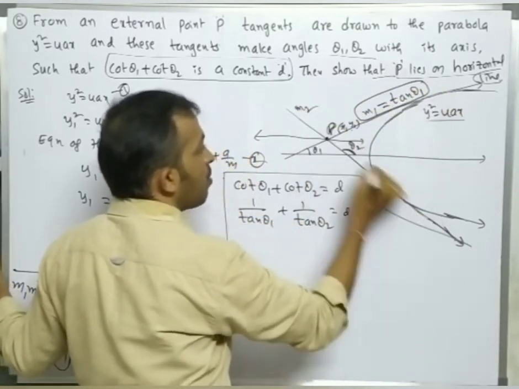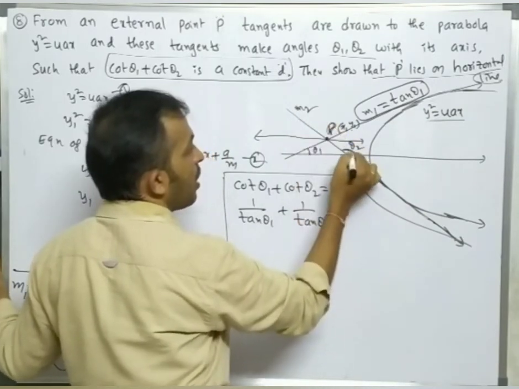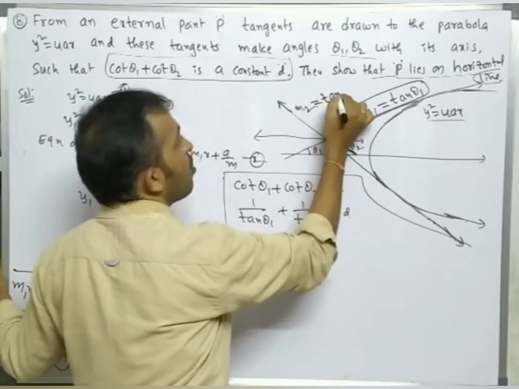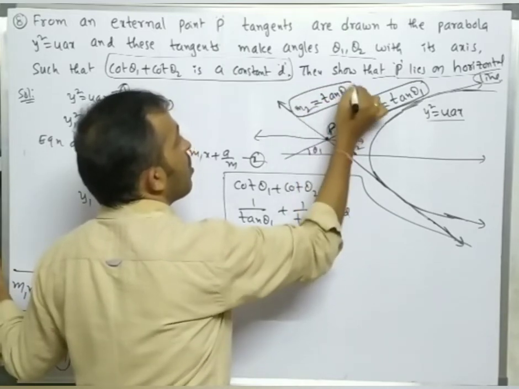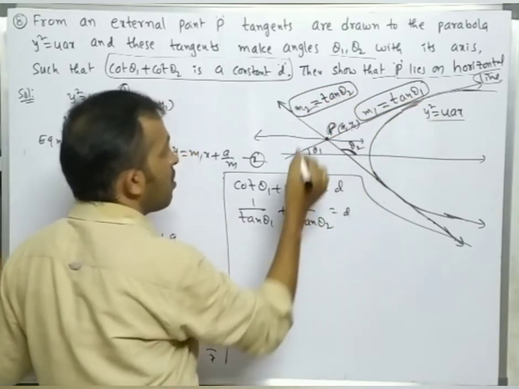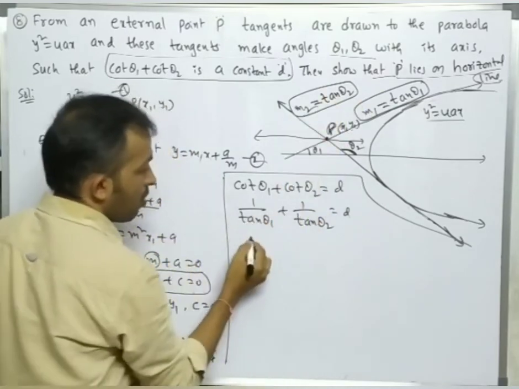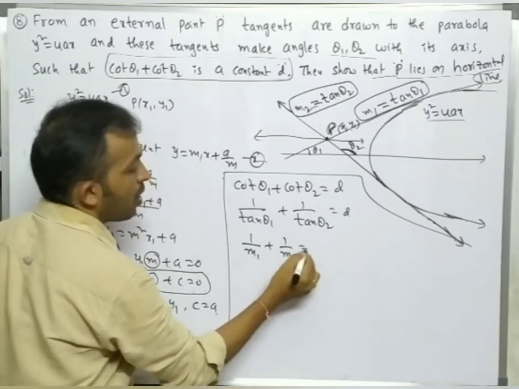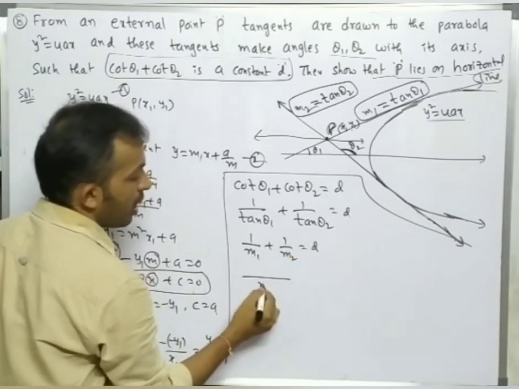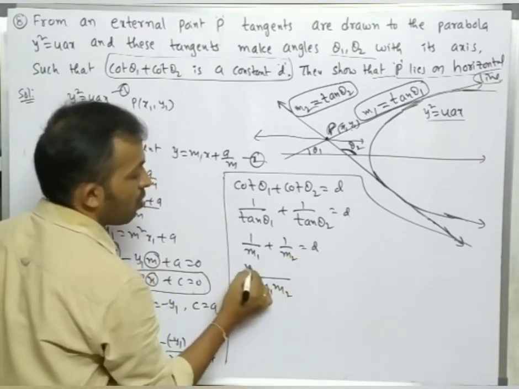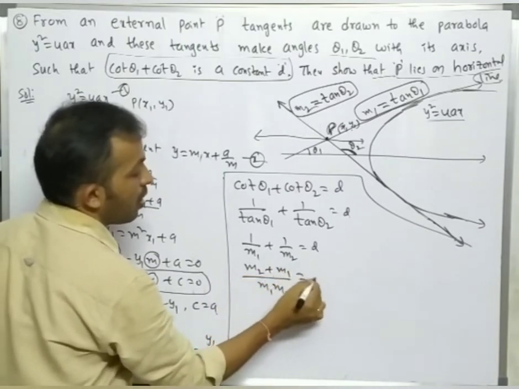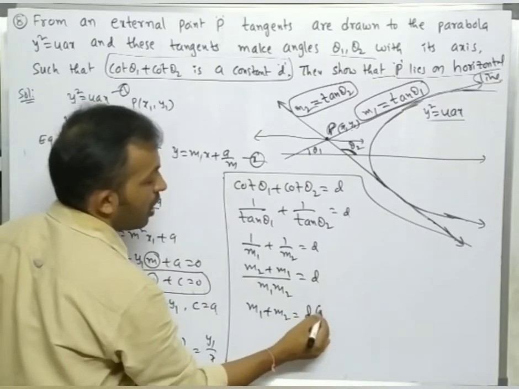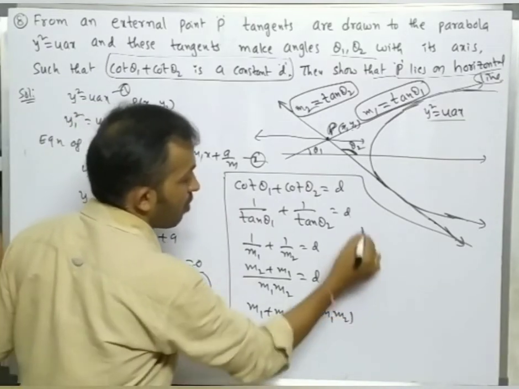And this is the line passing through P making angle theta 2, that's why the slope of this line is m2 is equal to tan theta 2. Substitute here: 1 by m1 plus 1 by m2 is equal to d. So take LCM, (m1 plus m2) by m1 m2 is equal to d. So m1 plus m2 is equal to d into m1 m2.